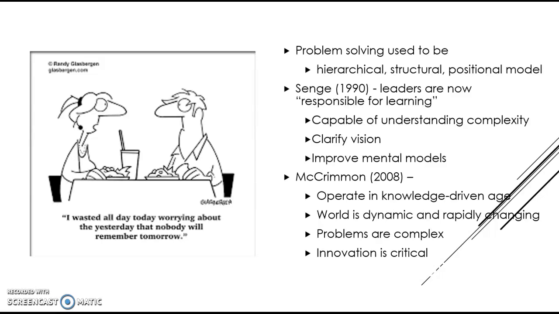That's through clarifying the vision, and then using what he called mental models in order to increase the responsibility and understanding of his staff, so that they were able to solve problems that were good for the organization. And McCrimmon really understood that we operate in a knowledge-driven age, looking at the internet and how we process information, and how ever-changing it is. Being able to be innovative is crucial.